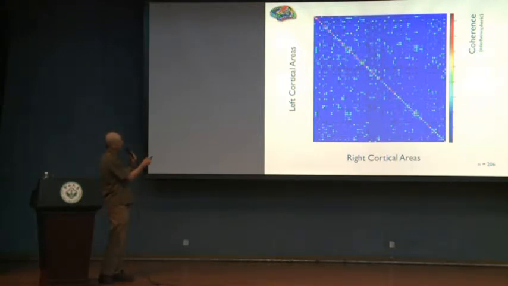And what this shows is the strength of the correlation in the bold signal between them. And so along the diagonal here, what you have is left visual cortex with right visual cortex, left primary motor cortex with right primary motor cortex. So every region on the left with its corresponding region on the right, and they're the most strongly coupled regions. So you have a strong coupling between the hemispheres.